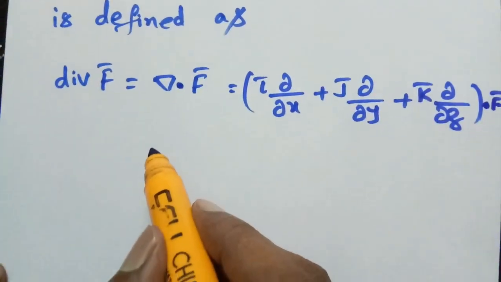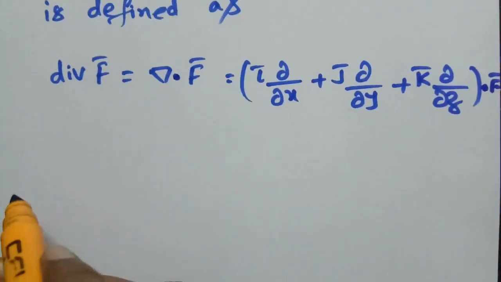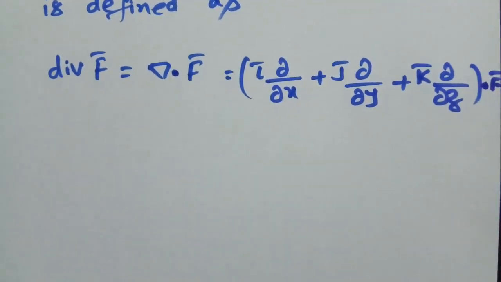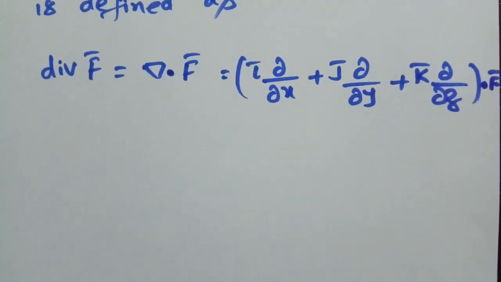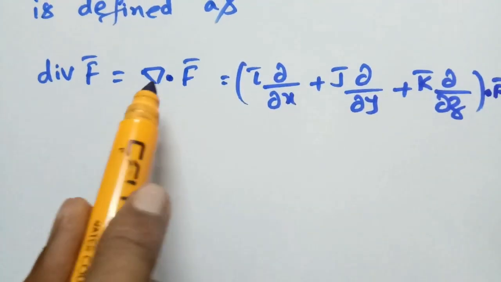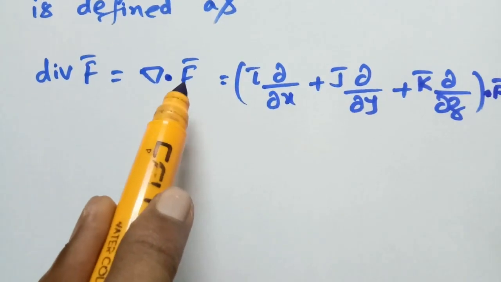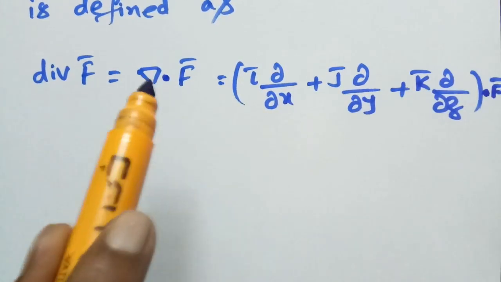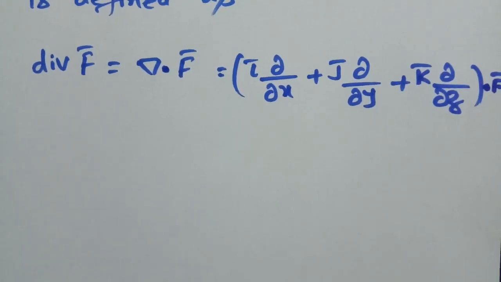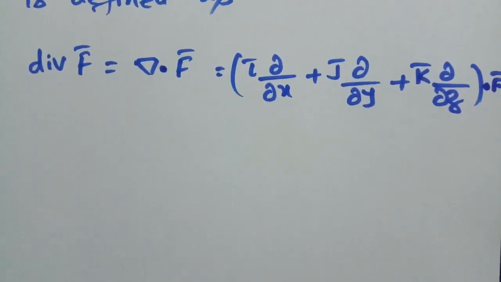So this is the divergence of a vector point function. Divergence of a vector point function is obtained by taking the dot product of del and a vector point function F bar.